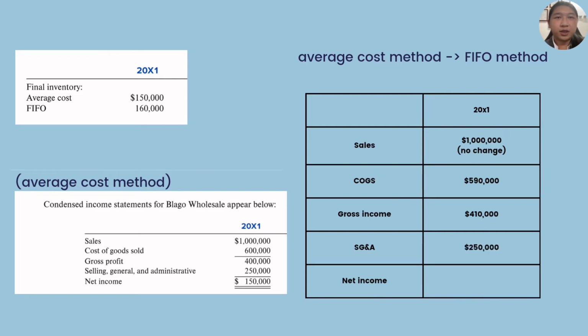Finally, net income is gross profit less selling, general, and administrative expenses. 410,000 minus 250,000 equals 160,000. And if we compare this to the net income using the average cost method, the net income using FIFO method appears to be $10,000 higher.